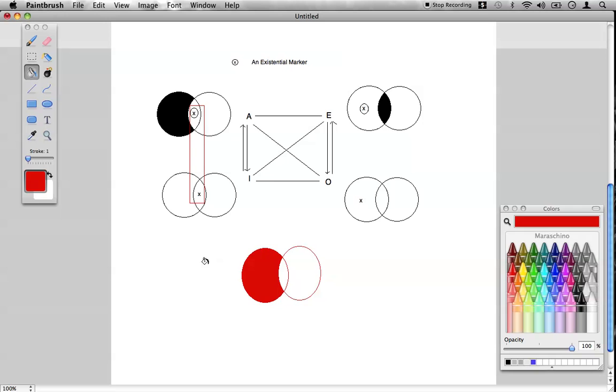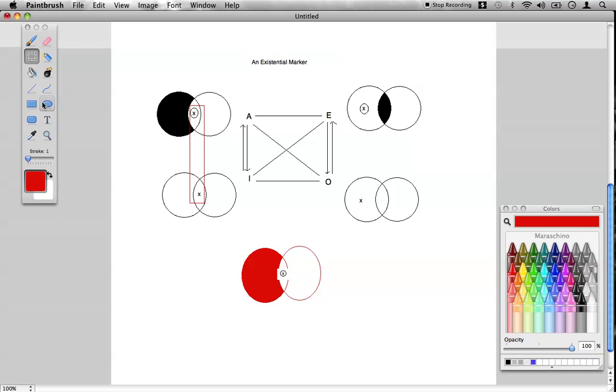And my conclusion is therefore some A are B. But remember, I have to include our existential marker, so let's move that over now to represent this in the traditional perspective. Sorry about that, it's very slow. But here I say all of the A's are B's, and look, there's actually an A.